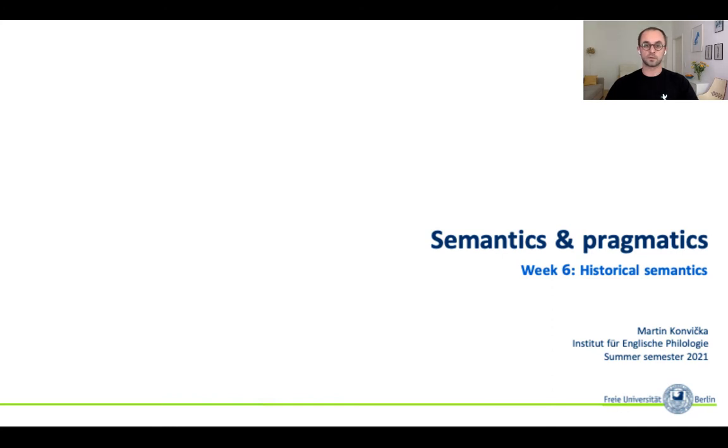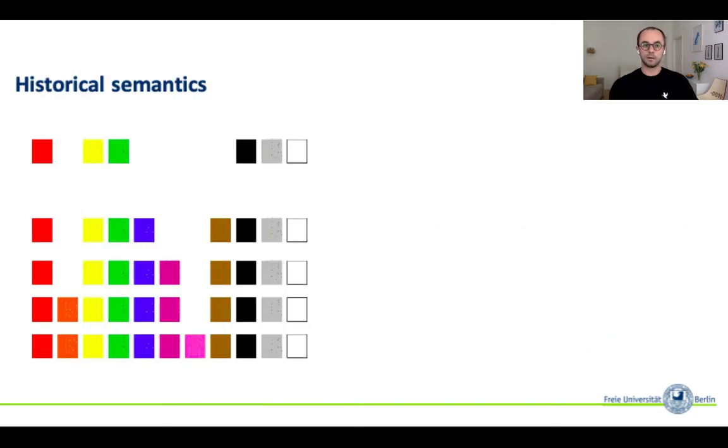This week we're going to talk about historical semantics and feature analysis. Last week we talked a bit about the development of meaning when we talked about the development of the basic color terms in English.